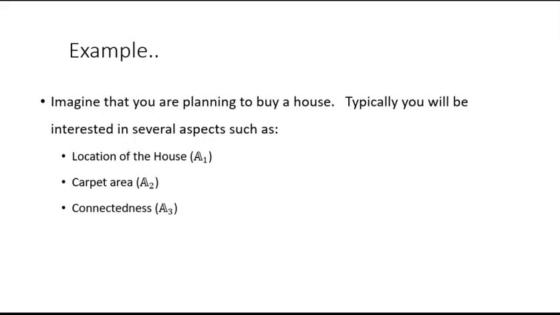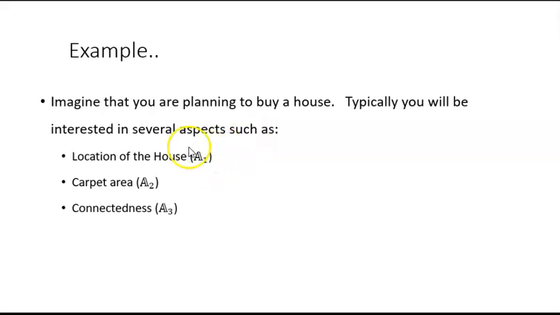There may be several others. Instead of carpet area, you may also be interested in the total area of the land on which the building stands, whether the building is single storied or double storied, whether there is a school nearby, a playground nearby, a market nearby, and so on.